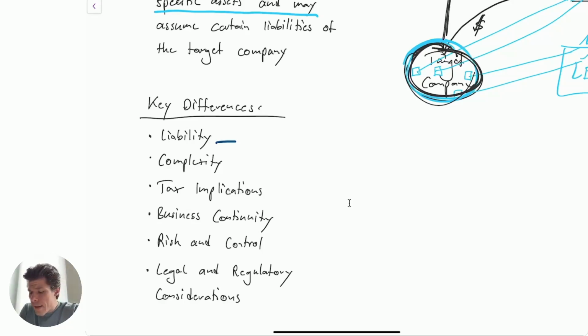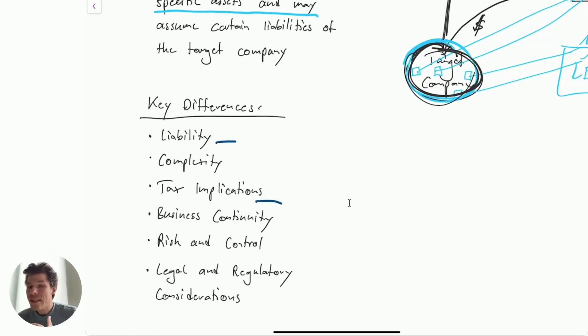Share deal, when we talk about tax implications, from a seller's perspective, a share deal often results in more favorable tax treatments. In an asset deal, the buyer can step up the tax basis because you have spent so much on those assets. This will result potentially in higher depreciation and amortization deductions and lower your taxable income in the future.